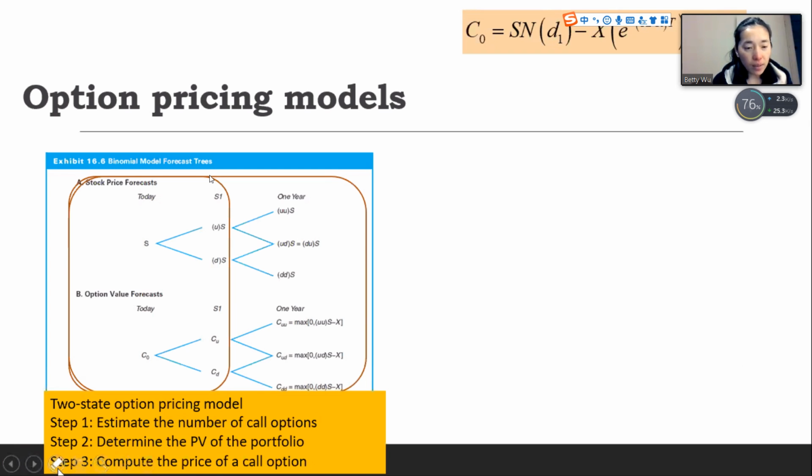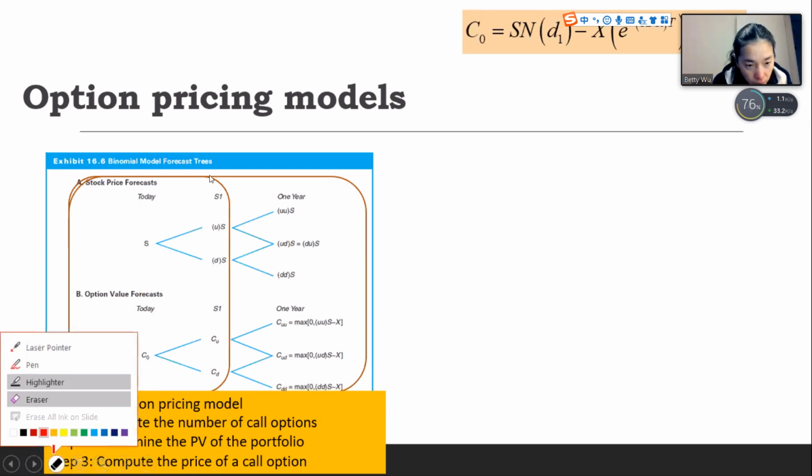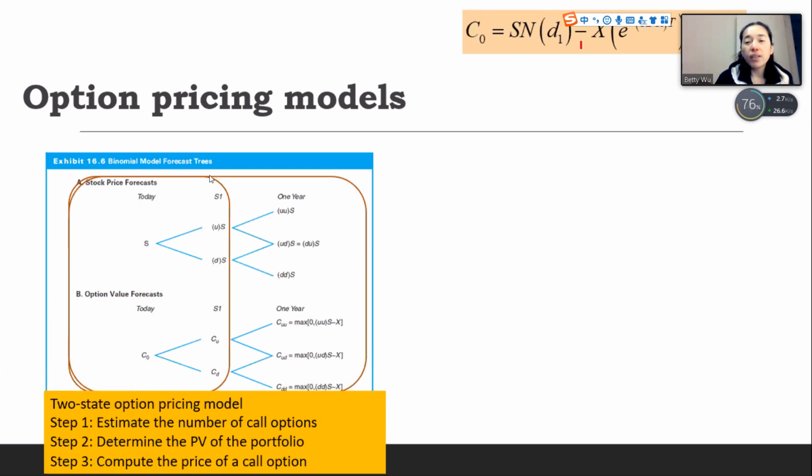This is Black-Scholes. In the exam, you'll be given a formula sheet with all these different formulas. You have d1, d2, and the Black-Scholes call value. You calculate d1 and d2 individually.